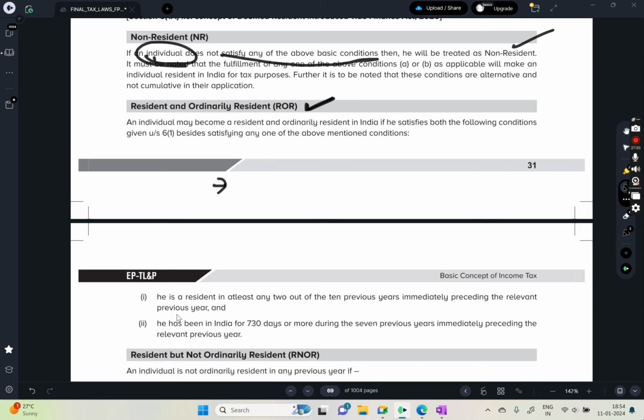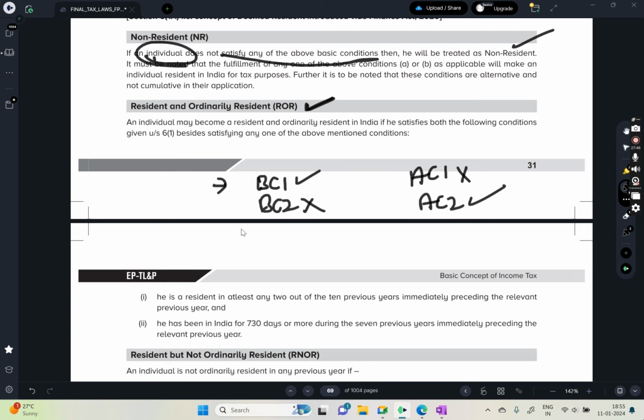So Priya, can you hear me? Yes, sir. Now tell me, so this is basic condition 1, 2, additional condition 1, 2. Is he a resident, non-resident, ROR or RNOR?